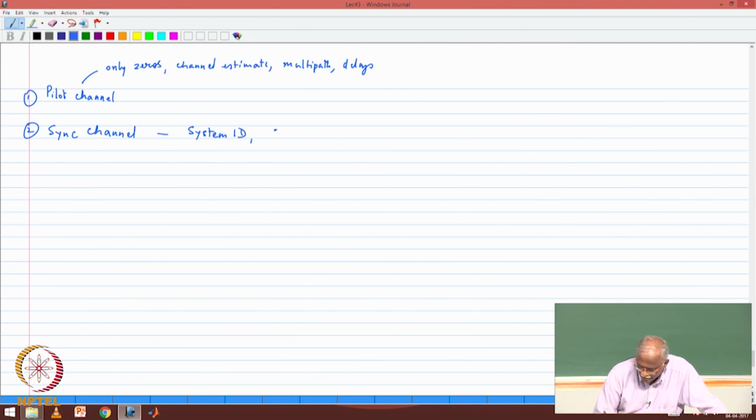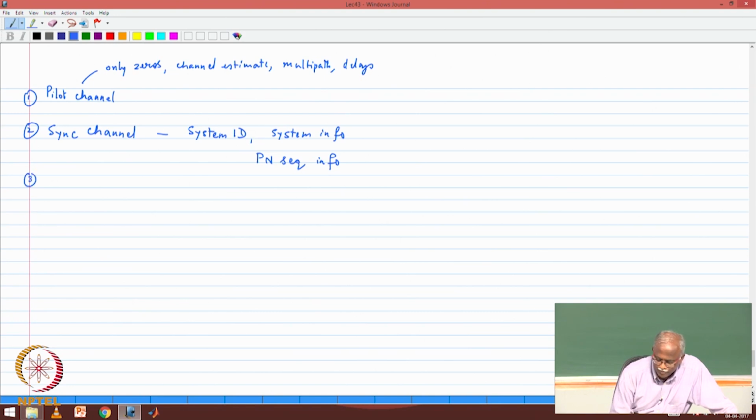So a lot of system information has to be transmitted so that you can then synchronize with that. It also tells you what the PN sequence information is, so that you can synchronize to that. It has a lot of information that you need in order to be able to connect. This is the same as what we called in GSM the control channel. Basically the control information is what is called the sync channel here.